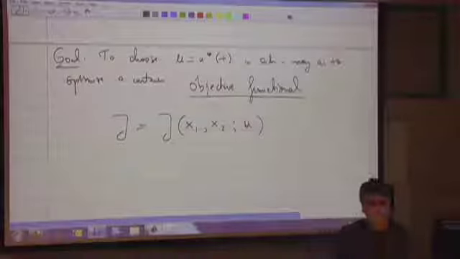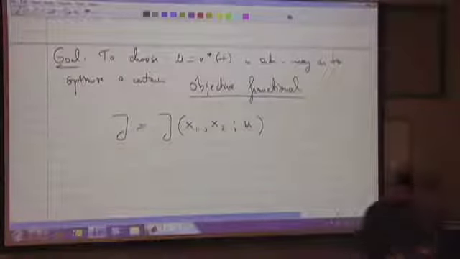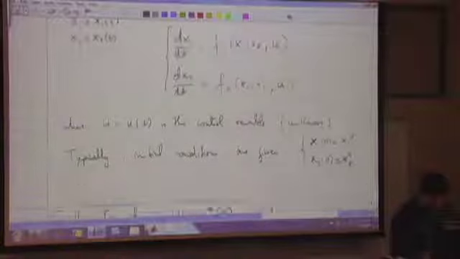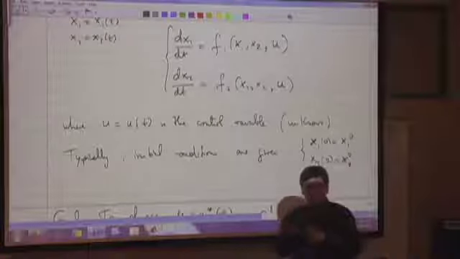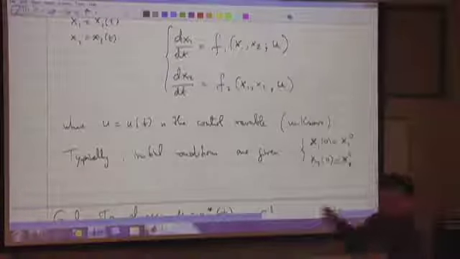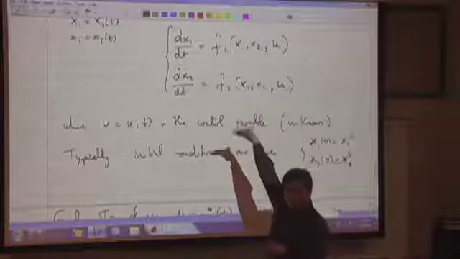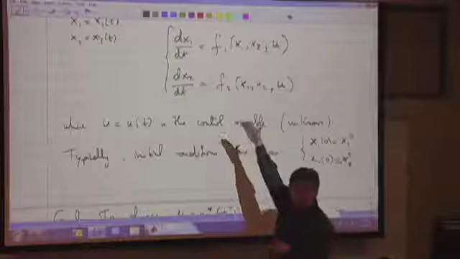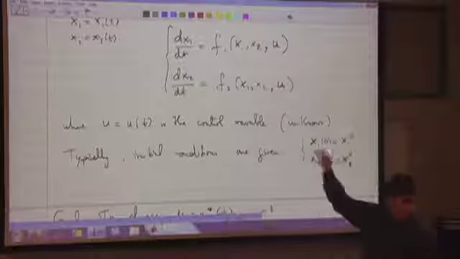Yeah. What's the significance of the semicolon? There's nothing special; it's just to indicate that u has a special role. You see, there's no differential equation for u. There's no du/dt equals something, because that would make it a state variable, right?